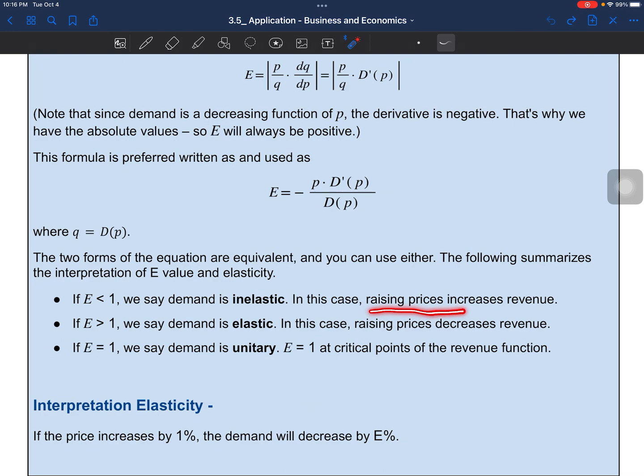If this is inelastic, that means you should increase the prices, because the demand is not going to go down too much, meaning it's going to increase your revenue. Versus if your E value is greater than 1, then this is elastic, and that means in this case raising prices will change a lot of your demand, meaning it will decrease your revenue.